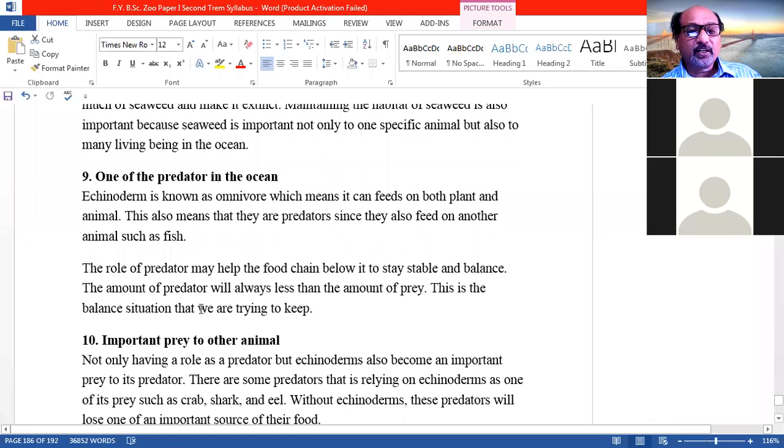The amount of predator will always be less than the amount of prey. This is the balanced situation. If the predator number increases relative to the prey, then what happens? They don't get any of the food. But here, the prey is always larger in number than the predator.